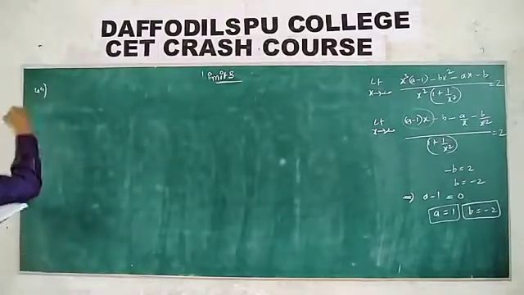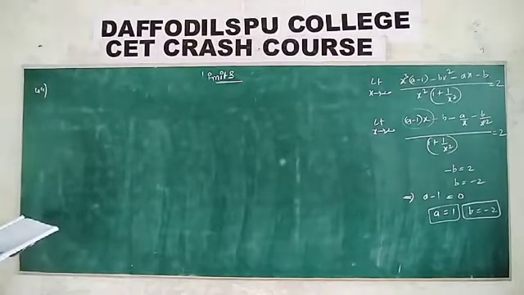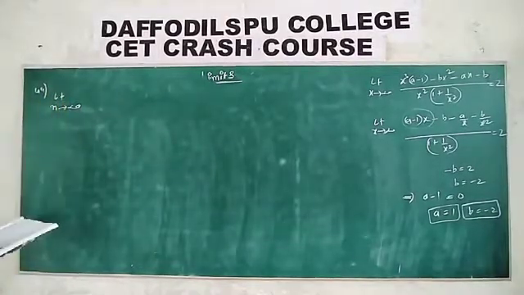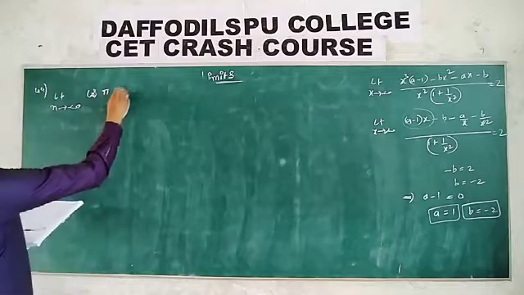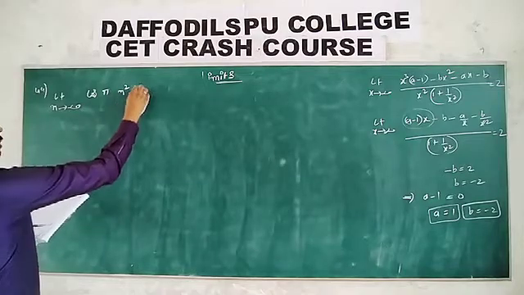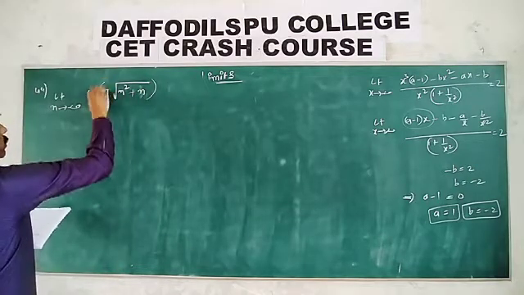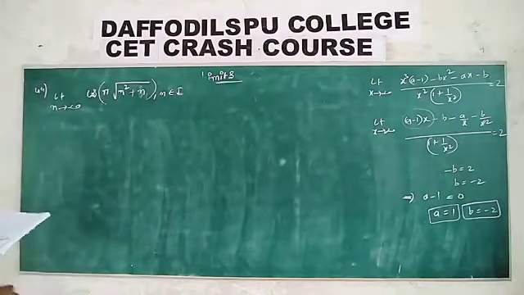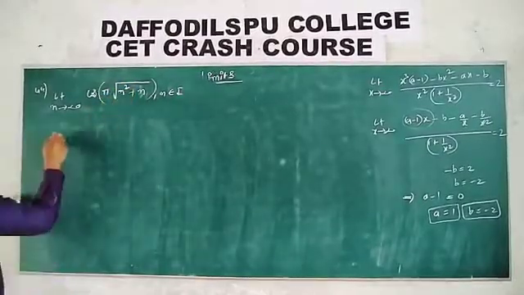Question 44. Limit n tends to infinity of cos of pi times the square root of (n square plus n), where n belongs to I. Square root is equal to the power of 1 by 2.